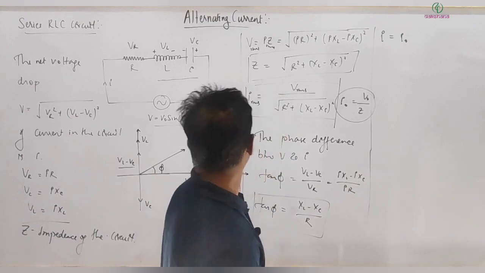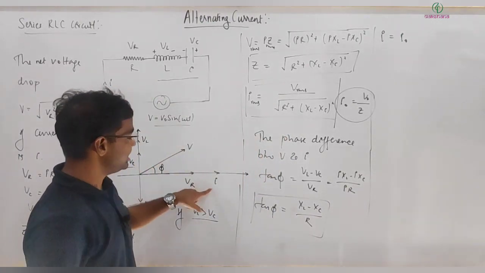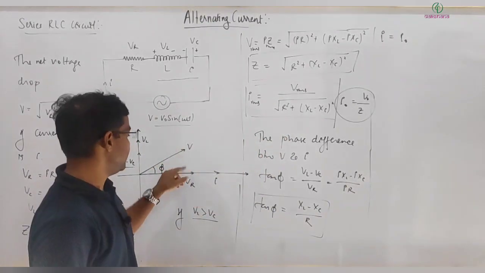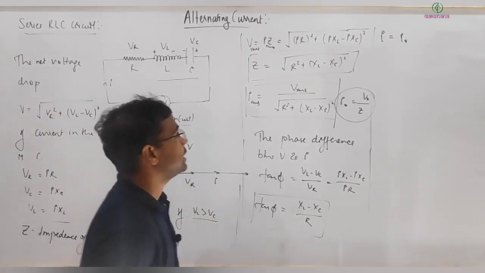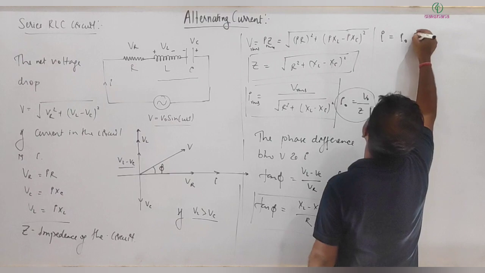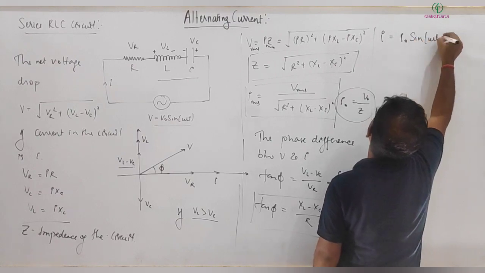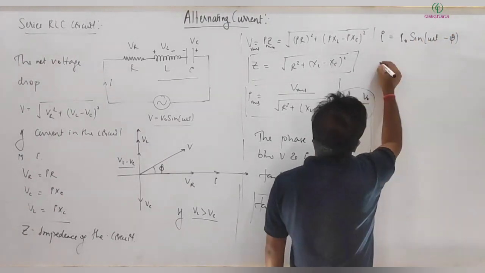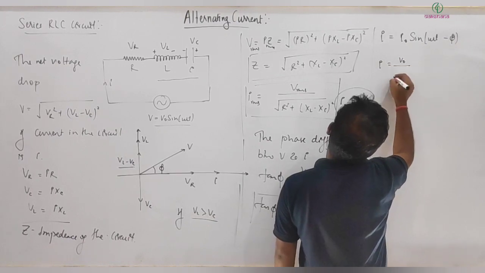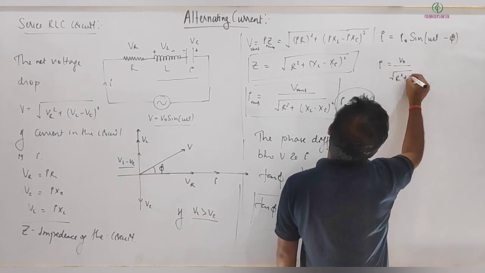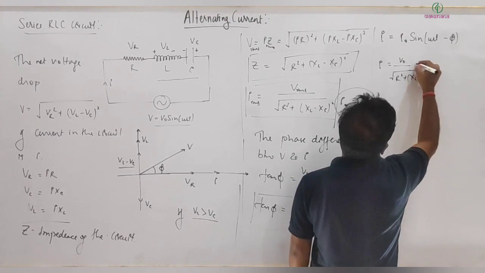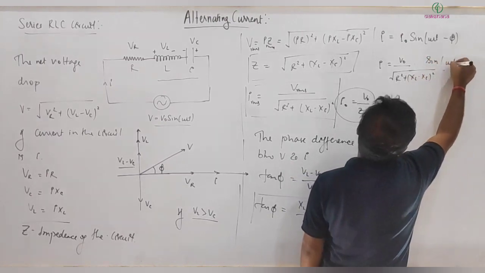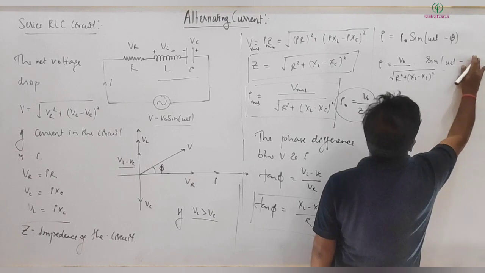Then what can I write for the complete circuit? You can see the current is lagging behind V by phi, if this condition is satisfied. So I can write I is equal to I naught sine of omega t minus phi, or you can write I is equal to V naught by under root R square plus (XL minus XC) whole square, times sine of omega t minus phi.